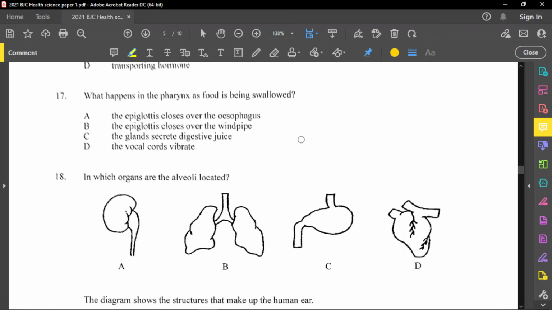So that could not be an answer. Option B is that the epiglottis closes over the windpipe, which is true because you do not want food to get inside of the lungs. Matter of fact, if food starts getting into your trachea, then of course you're going to start to choke because the automatic response is to bring the food back out.